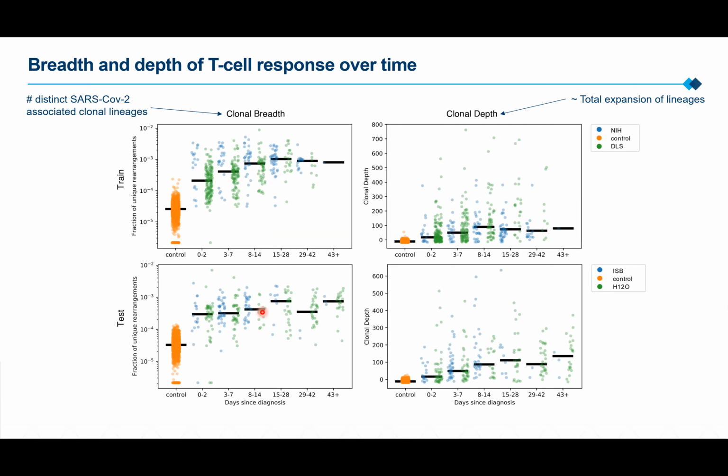Mm-hmm. Okay, great. And then there's two last questions here in the chat, which I'll try to squeak in. I think we have 1 minute left. Do you think that some of the public clones bind to multiple viral antigens, not just to SARS-CoV-2? It's an interesting question.